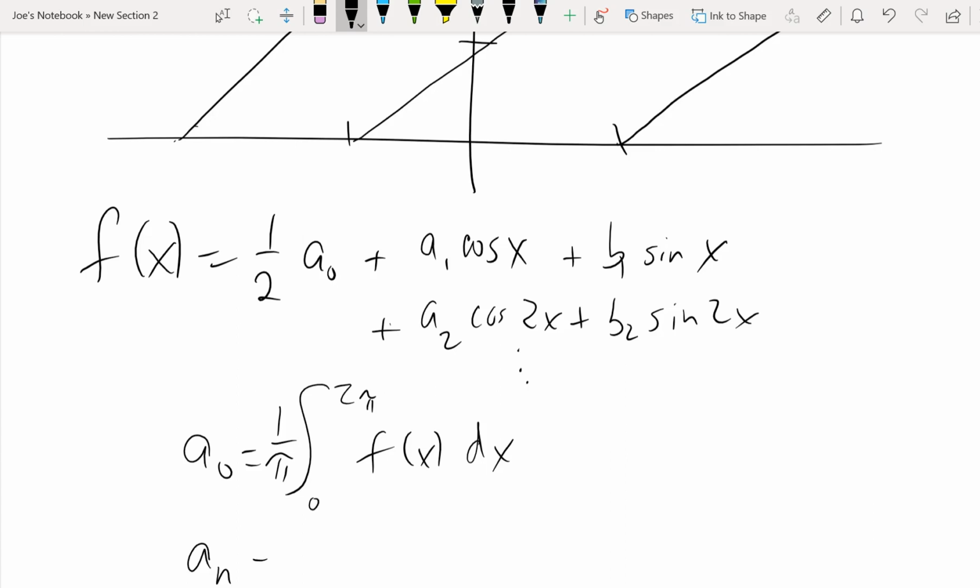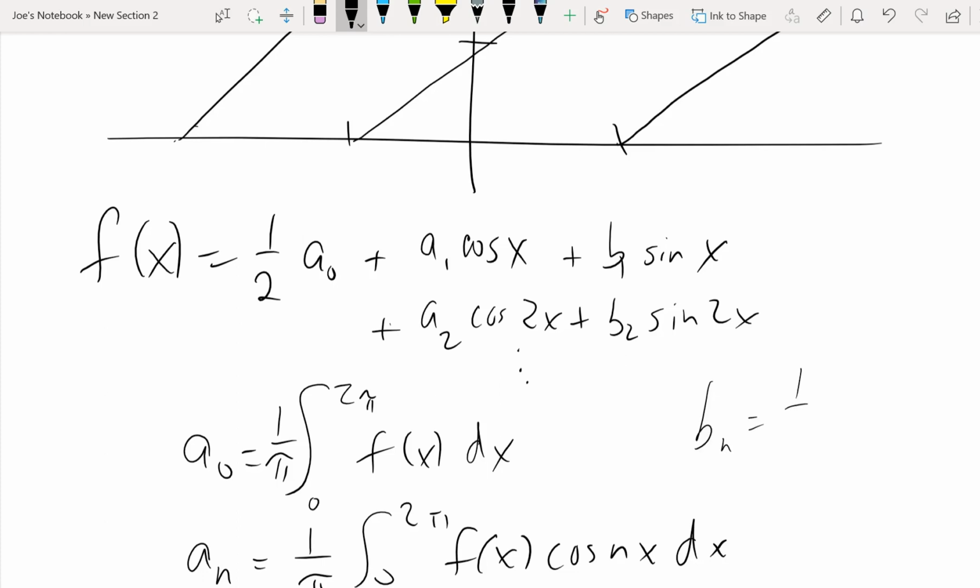Then your an is 1 over pi, integral from 0 to 2 pi of f of x cosine of nx dx. And your b's are your 1 over pi, integral from 0 to 2 pi of f of x sine x dx.